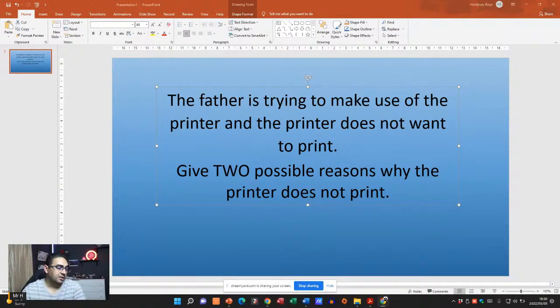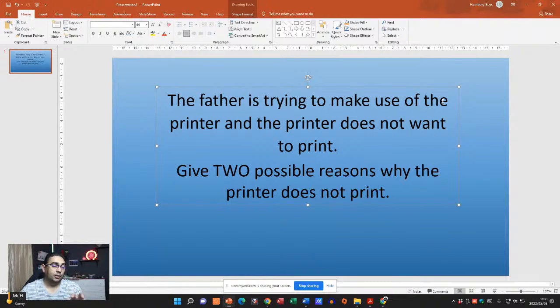Yes, because Dylan, remember, things have changed slightly. When we use the term computing device, now it's not just a computer. It can be printing from the phone, from a tablet, from a laptop, from a desktop computer, so anything like that. All they're saying to us is the father's trying to make use of the printer.